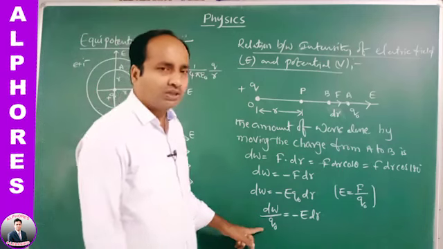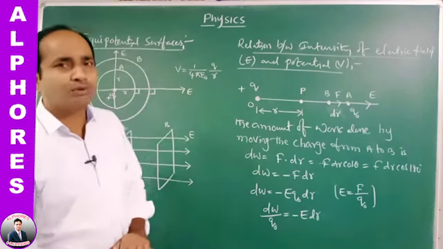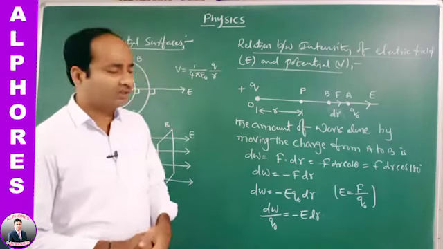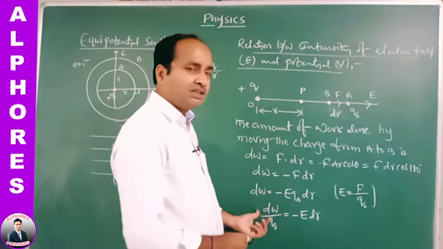So dW by Q naught, by the definition of potential, V is equal to W by Q naught. Here dW by Q naught means change in potential.